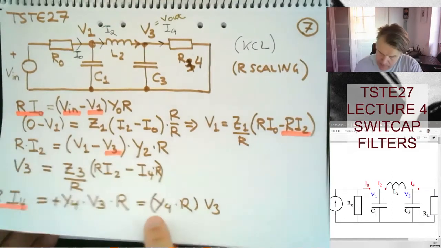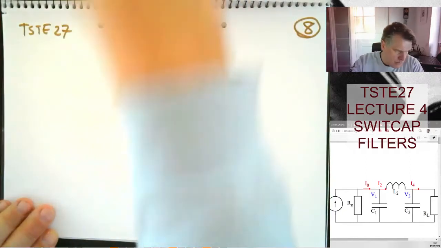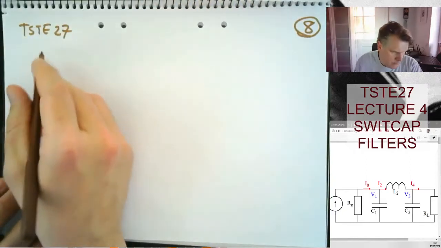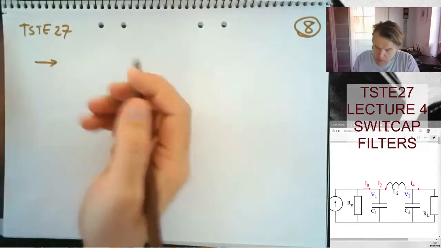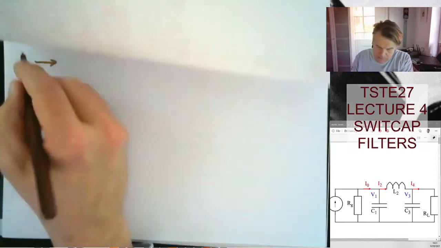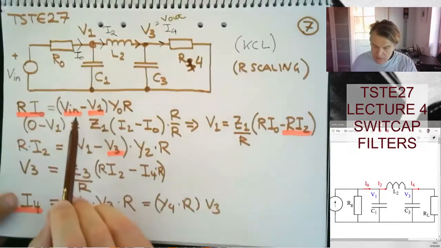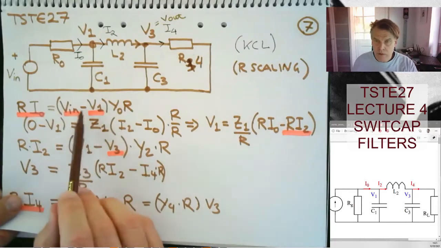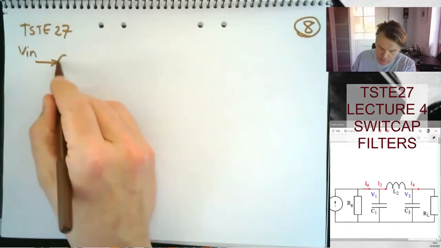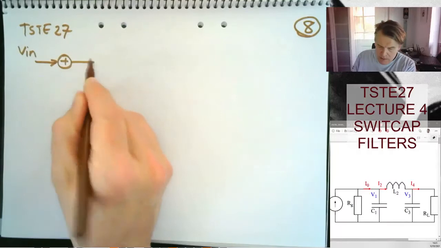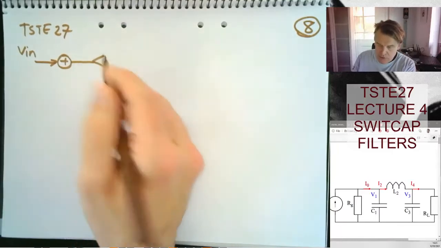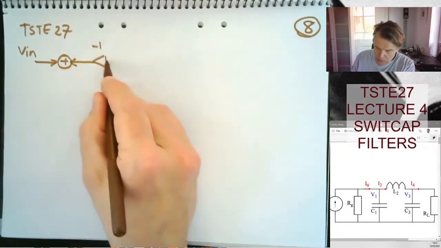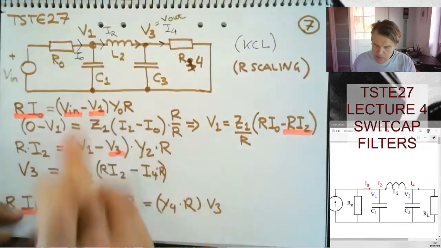All right, so essentially I just have to look at my equations here now. So I can take my V in. I'm just looking at these equations. V in minus V1, so I add an inversion, minus 1. Okay, so that's V in minus V1.